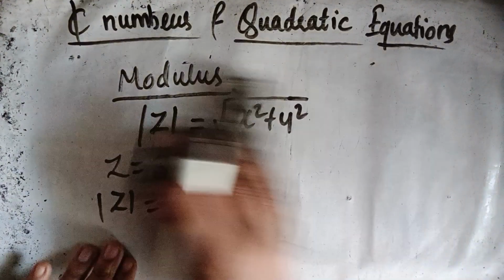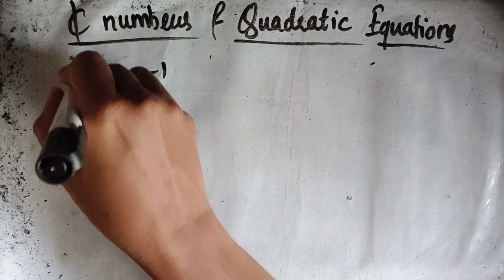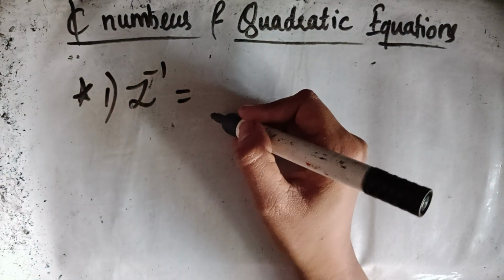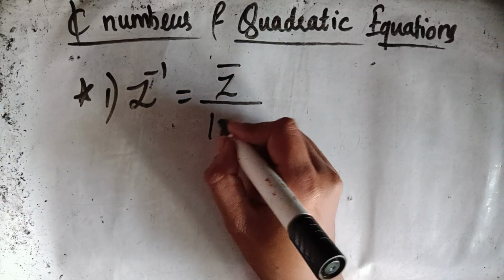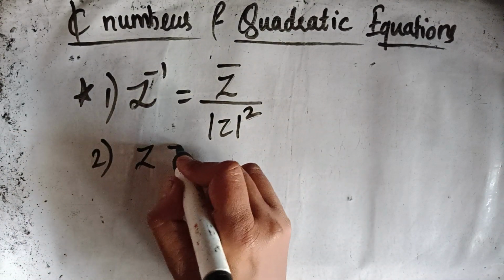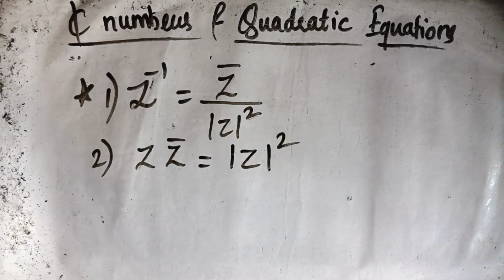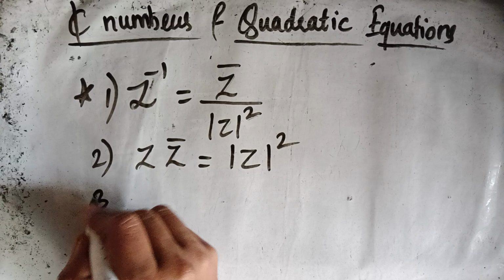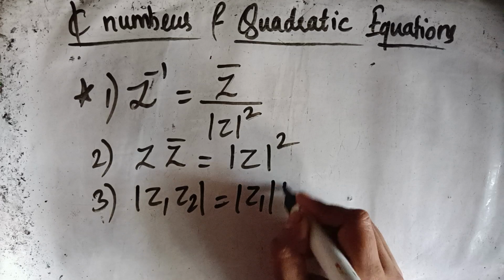So some important properties you note down. Inverse of a complex number is conjugate upon mod square. Okay. Then conjugate when it is multiplied, you will get a modulus square. Okay. Then we have mod of z1 z2 is equal to mod z1 into mod z2.